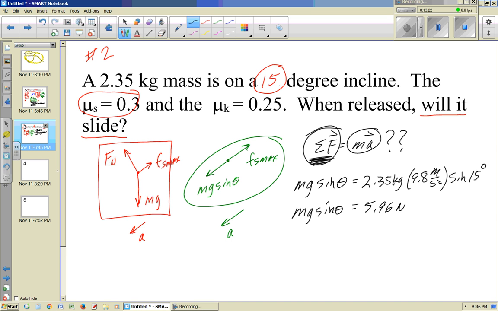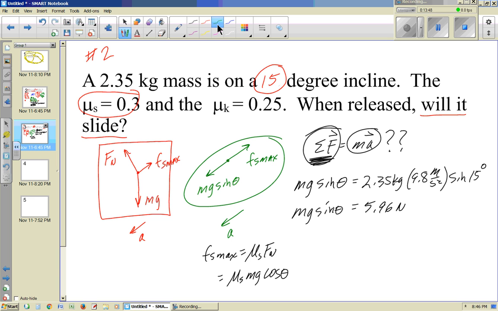Now, let's look at the other part of the net force. That's going to be the F static max. Now remember, F static max is equal to mu static Fn, which of course is mu static mg cosine theta. So let's put that over here below the part we just did.